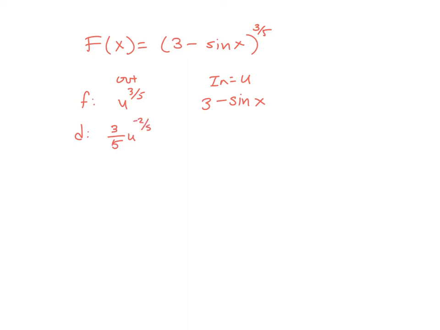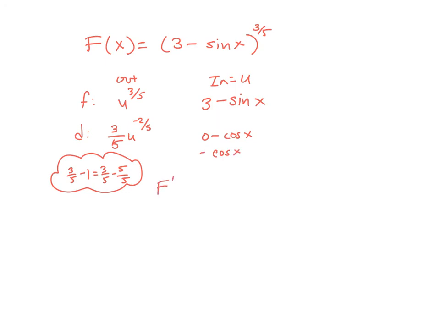That would give me negative 2/5. If that doesn't make sense, go ahead and think about 3/5 minus 1 is 3/5 minus 5/5, and that's where I get negative 2/5 from. The derivative of 3 minus sine x would be 0 minus cosine x, or just negative cosine x.